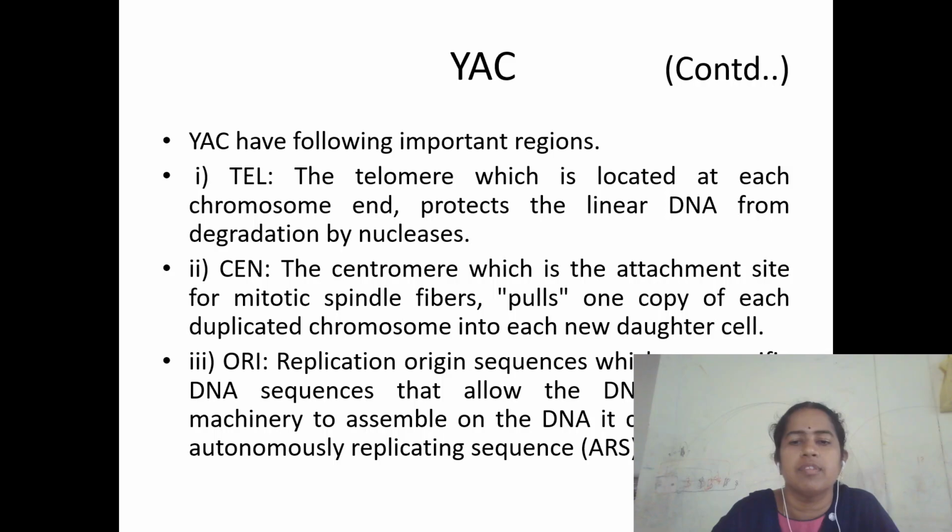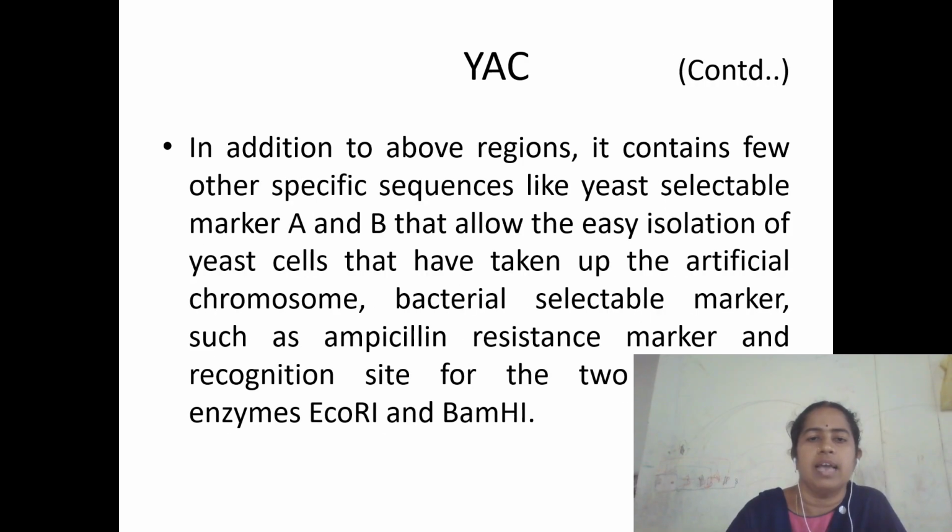Here the telomere, located at each chromosome end, protects the linear DNA from degradation by nucleases. Then the centromere, which is the attachment point for spindle fibers, duplicates the chromosome into new daughter cells. Then the origin is a replication origin which allows the DNA replication machinery to assemble on the DNA, and it is called the autonomously replicating sequence, that is ARS.